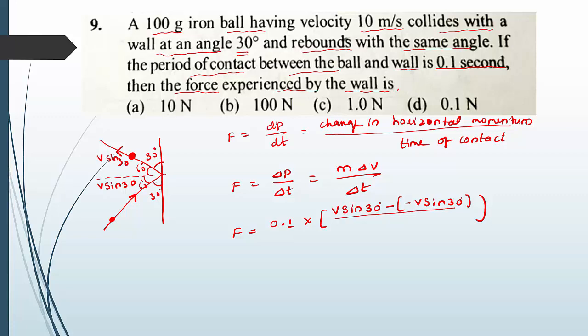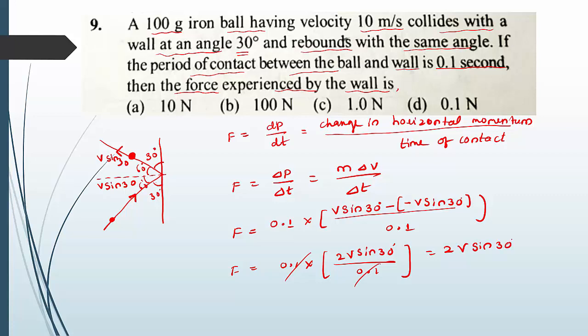And the time value is given. The time of contact is 0.1 second. So F equal to 0.1 into, minus into minus will be plus, V sin 30 plus V sin 30 means we can write 2 V sin 30 divided by 0.1. So 0.1 will get cancelled. So 2 V sin 30.